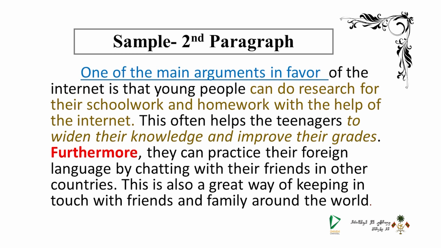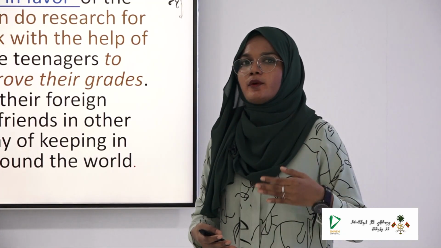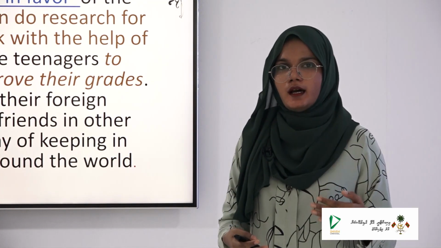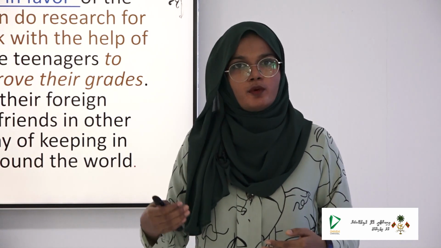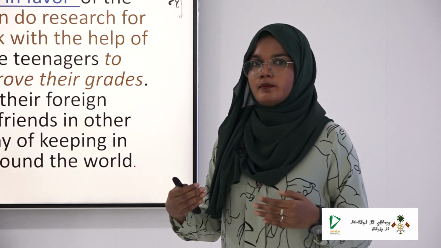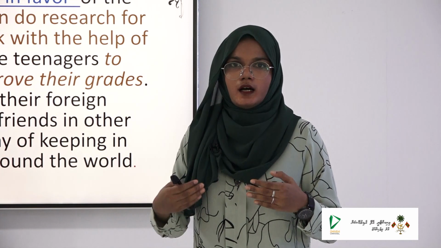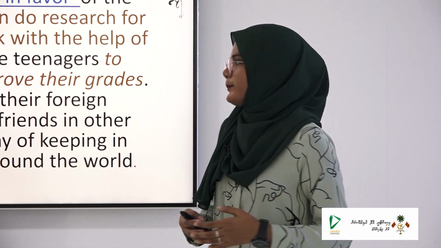Now, it is always very important to have a support to your argument. You'll be supporting this by saying that it widened their knowledge and improved their grades. So now here you are providing support to your main argument, which is a very important factor. Always keep that in mind to support your arguments if you're stating one.